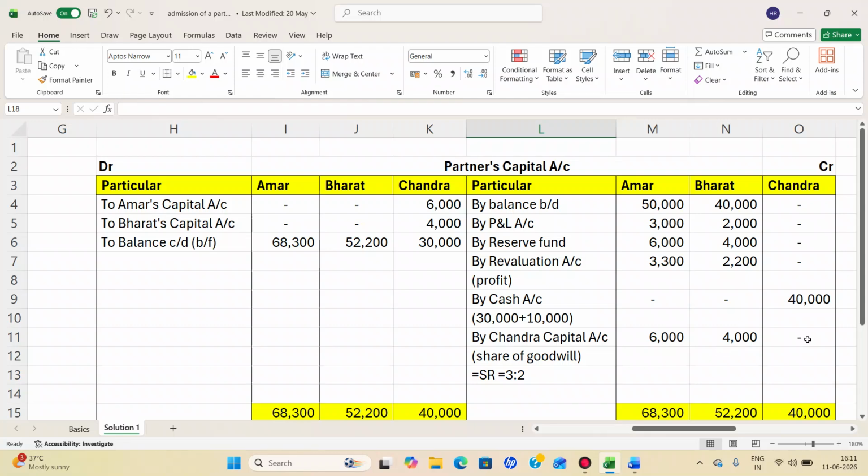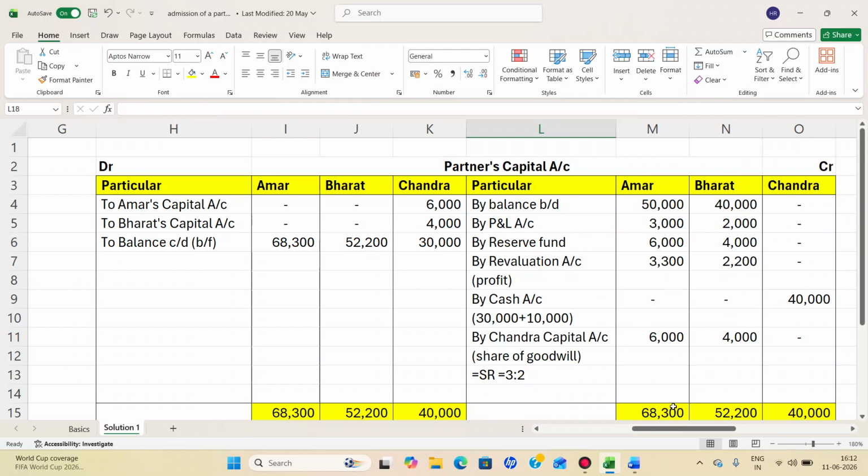Chandra's column should be nil. And this should be here to Amar's capital account. You have to write in the Chandra's column, that is 6,000, by to Bharat's capital account, that is 4,000. We have to write in the Chandra's column, and afterwards we have to add all these Amar's column.